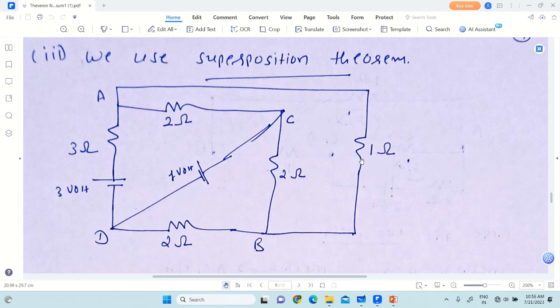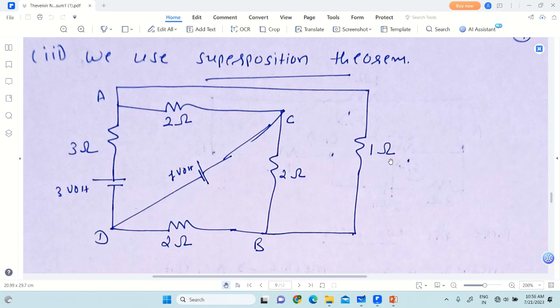Then in step number 2, we will apply the 1 volt energy source. At the same time the 3 volt energy source will be represented as a short circuit, and again we will find the current through the 1 ohm resistance.